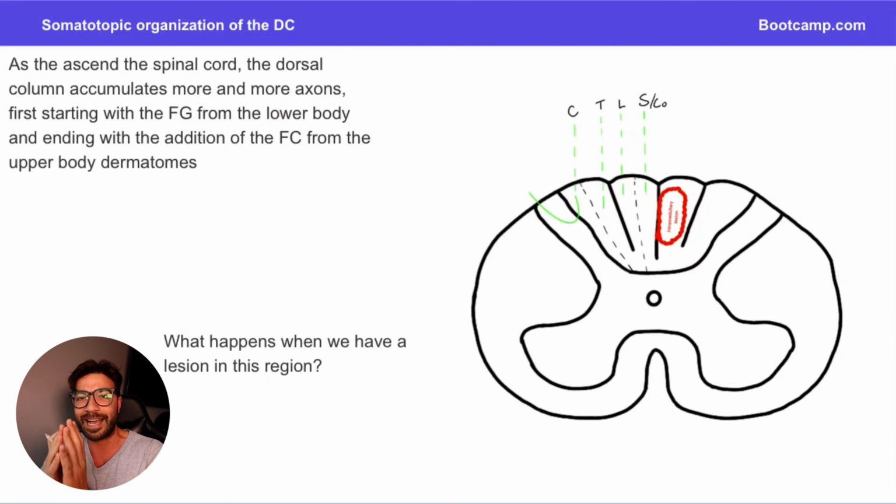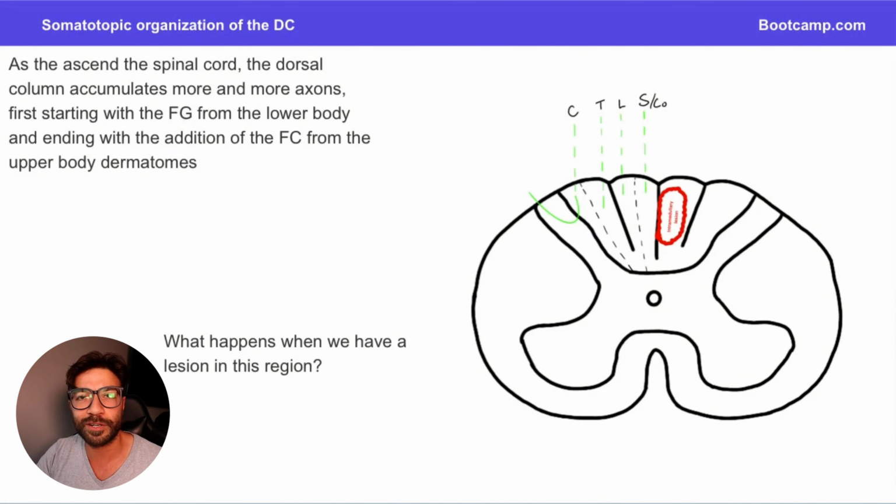And as the tumor grows more laterally and compresses more of the spinal cord, you begin to see a loss in your upper limbs. So understanding the somatotopic organization of the dorsal column is very important for understanding the progression of a lesion over time and what sort of sensory deficits would begin to accumulate as the lesion starts to grow larger.